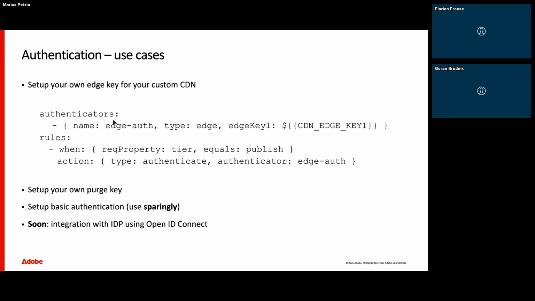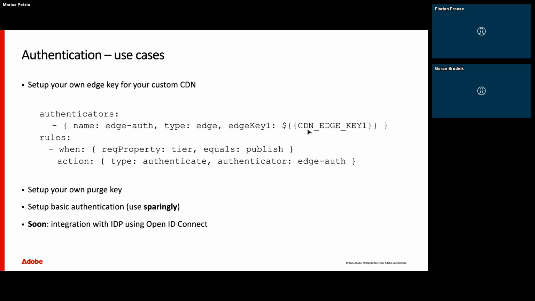One is edge key authentication. This is to integrate your custom CDN, if you have one, with the Adobe Managed CDN. So only your custom CDN can connect to the Adobe Managed CDN.